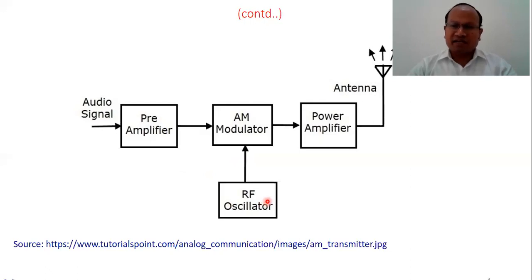The RF frequency is being generated, and that high frequency carrier signal will be modulated by the input signal. Then the modulated signal goes to the power amplifier, and the output of the power amplifier, which is the amplitude modulated signal with a large amount of power and more signal strength, is fed to the transmitting antenna, which radiates this signal and it is then subjected to the channel.